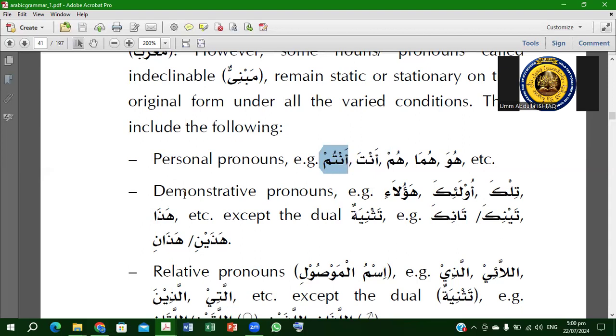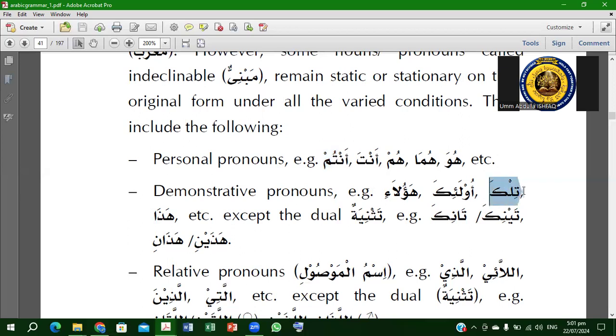Tilka, they are demonstrative pronouns or pointers. Okay, you can name it any way; in Arabic, it is called isme ishara. They are also non-flexible. Tilka is always tilka, either in halat rafa, as a subject. Tilka is always tilka. Huwa is always huwa. Okay. Tilka becomes tanika or tainika in dual.